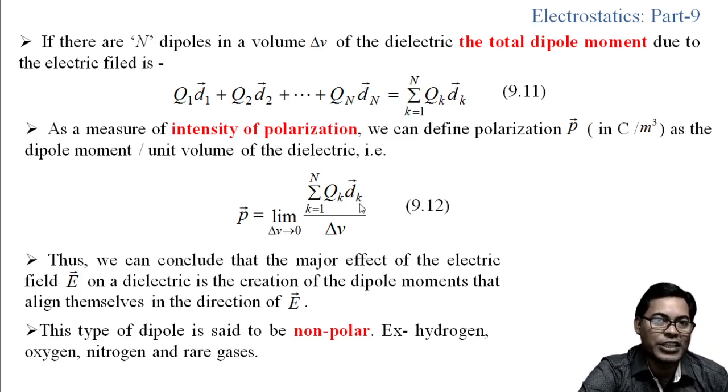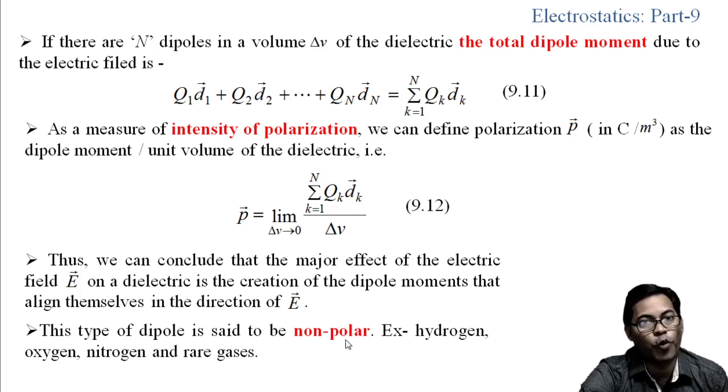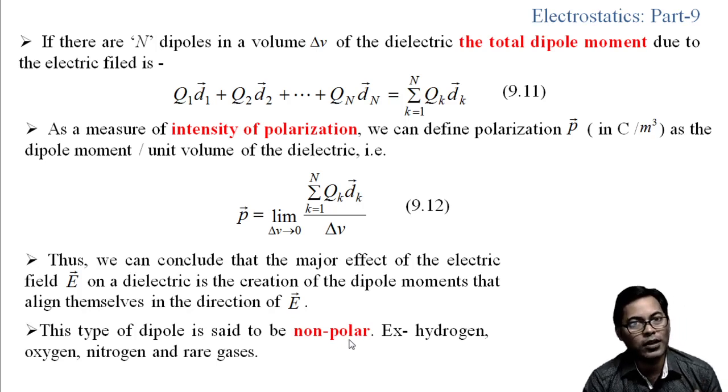Therefore, from this discussion what we can conclude is that the major effect of the electric field E on the dielectric is the creation of the dipole moments that align themselves in the direction of E, and this type of dielectric is said to be non-polar. So what type of dielectrics are non-polar?